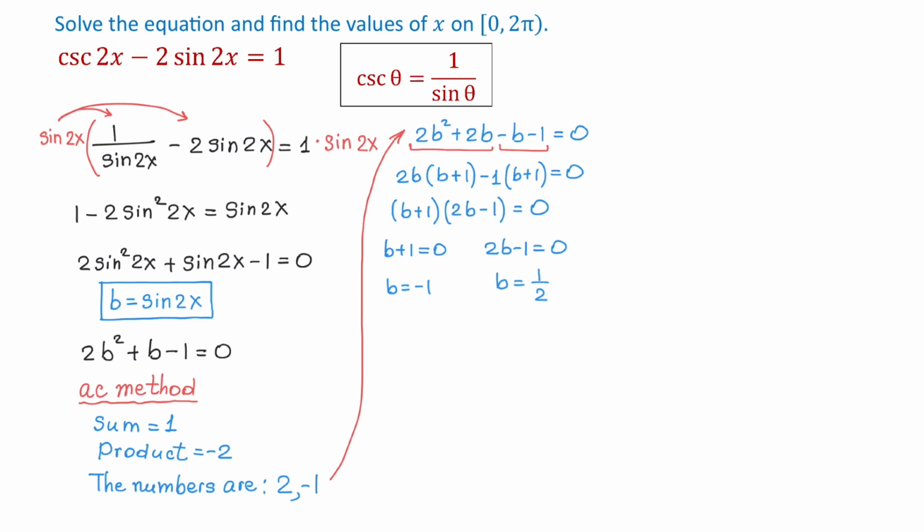Now in the next step, we will replace each b with sine of 2x. So the first equation will be sine of 2x equals negative 1, and the second, sine of 2x equals 1/2. And now to solve each of these equations, we will use the unit circle.